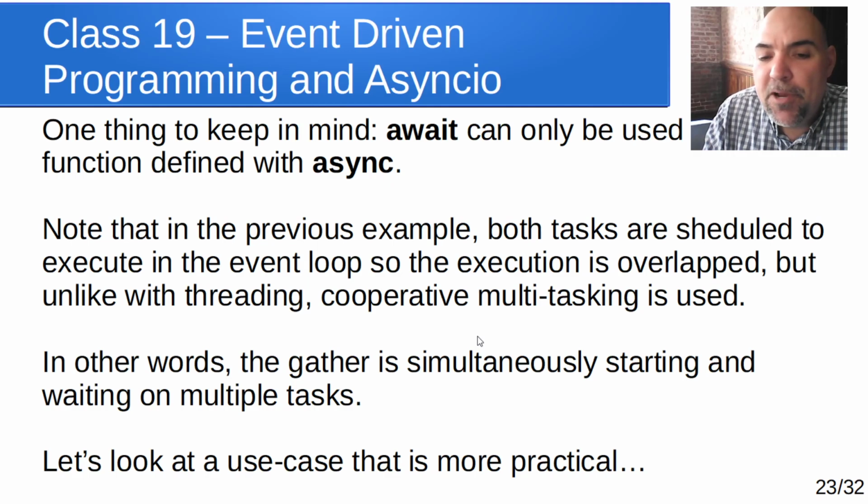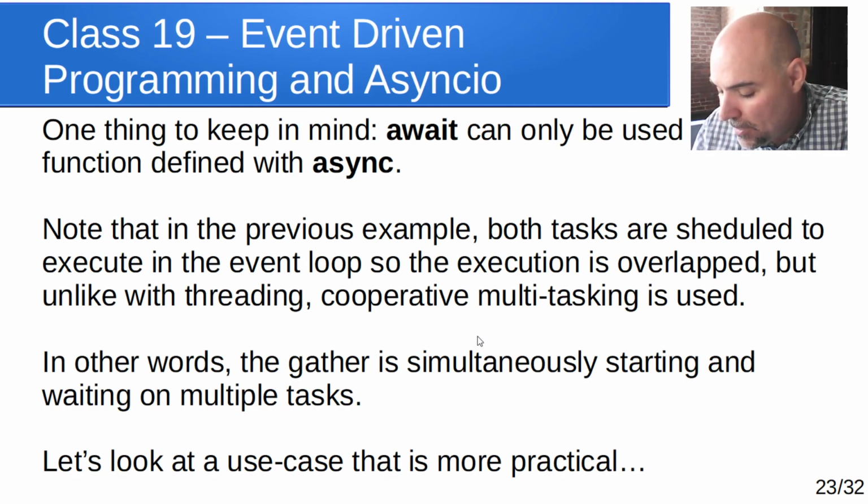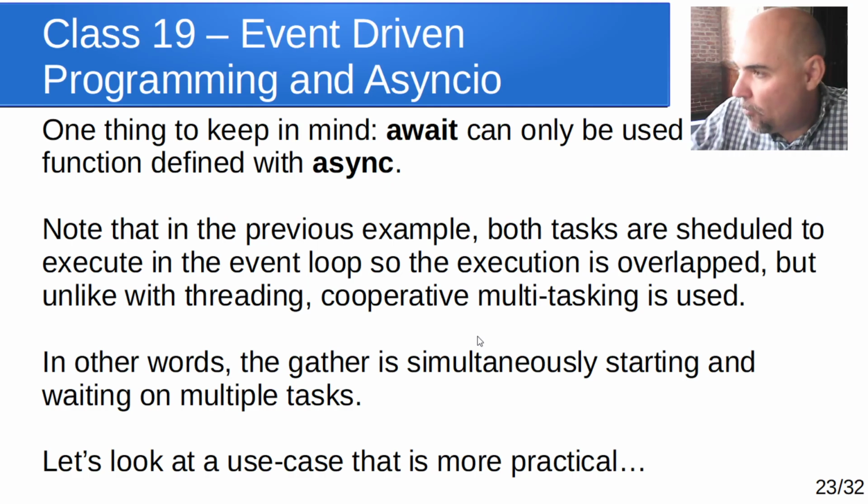But unlike with threading, instead of it switching between them, do this, do this, do this, it's using what's called cooperative multitasking. In other words, it only switches to the next task when it's waiting for something. So think of it kind of like, again, the cook. They pull down one order and they start working on that.